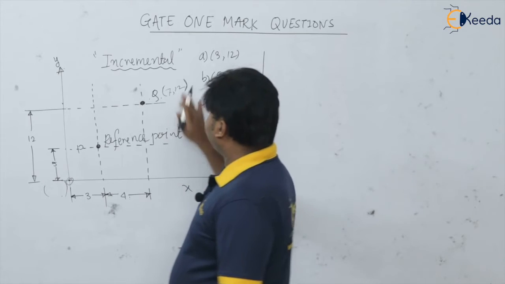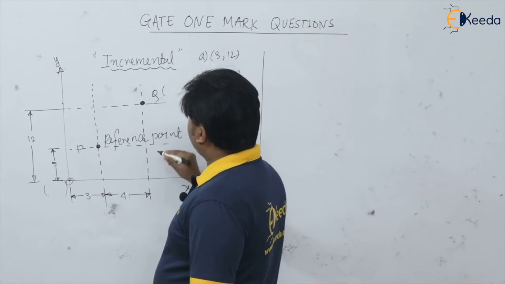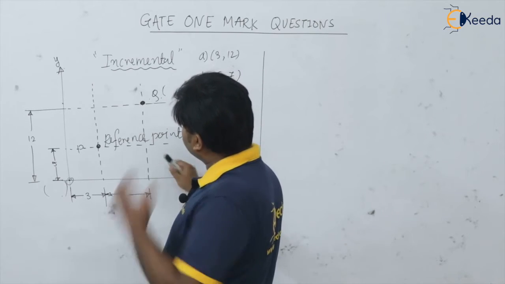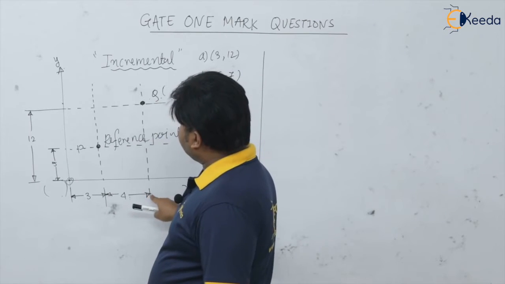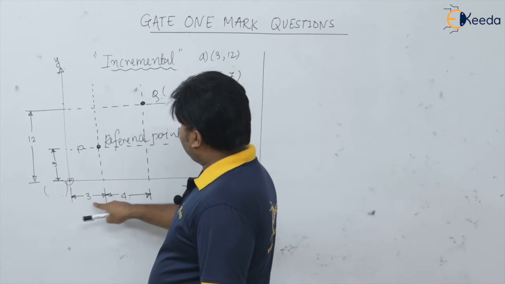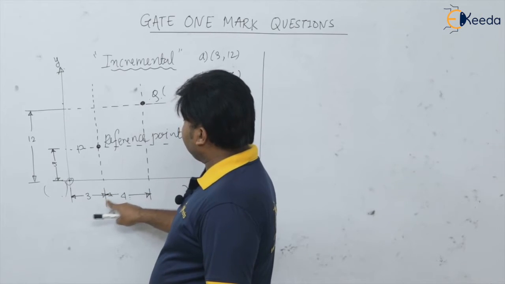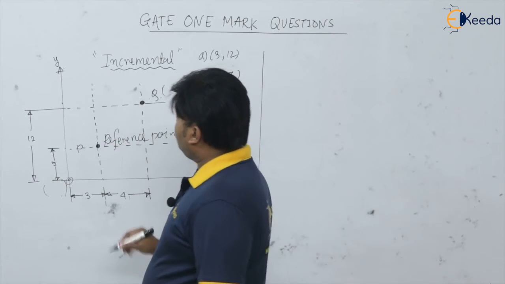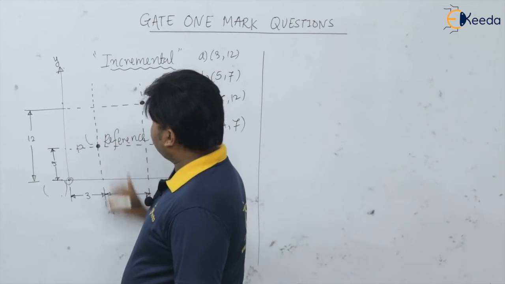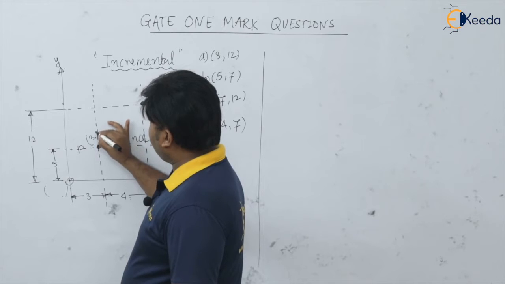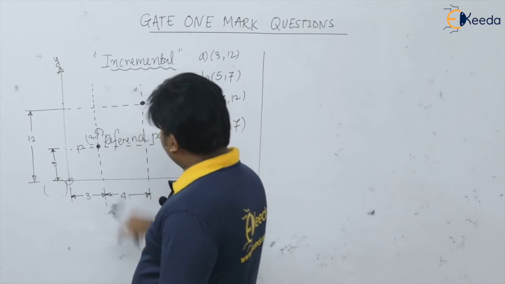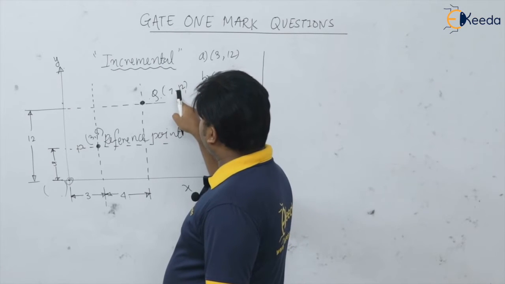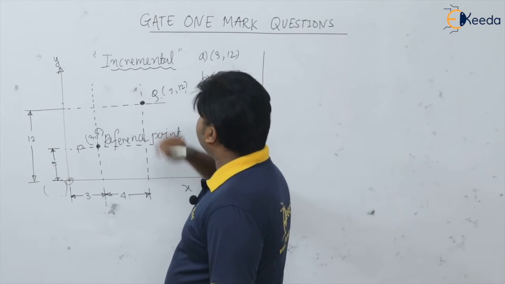Incremental में क्या होगा? So we have to do like this, that is, see, this is 7 minus this 3, that is 4, because what is the coordinates of point P will be what? See, this is 3 comma 5, and in absolute में अगर लिखेंगे तो क्या होंगे वो 7 comma 12, ये absolute में हो गए, but they have asked in the incremental.